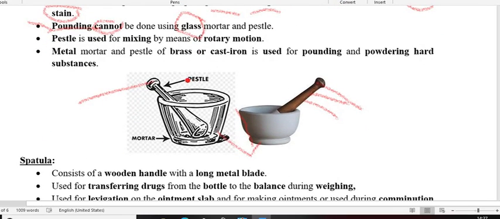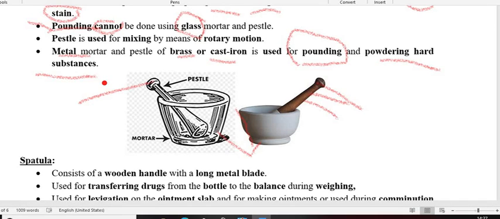This is used for mixing the ingredients. A metal mortar and pestle, either brass or cast iron, is used for pounding and powdering hard compounds.